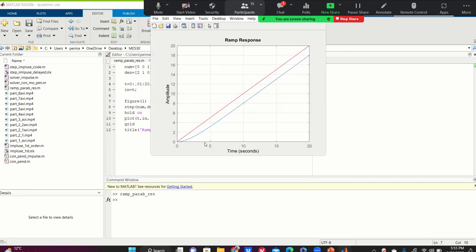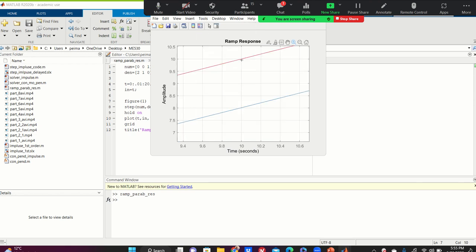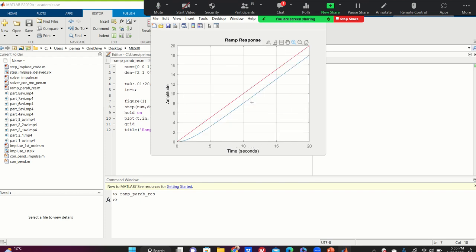Here we go. You see that we have a transient response here, and then a steady state response here. If you zoom in, you see that here's exactly 2. Here's exactly 2. Constant error signal. See what I'm saying?